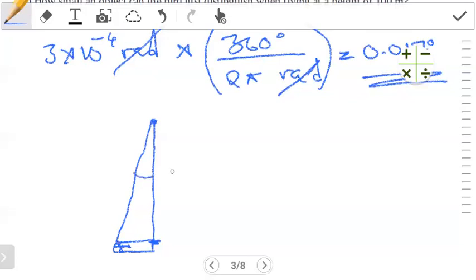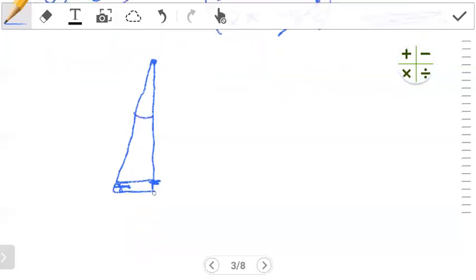If it was smaller, the bird will not be able to distinguish. But if it makes at least that angle or something bigger, then the bird will be able to see it. So to work this out, we'll treat the size of this object as an arc length.